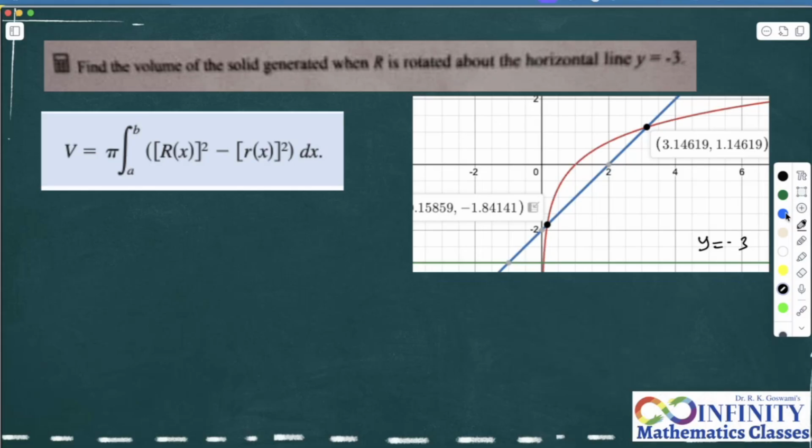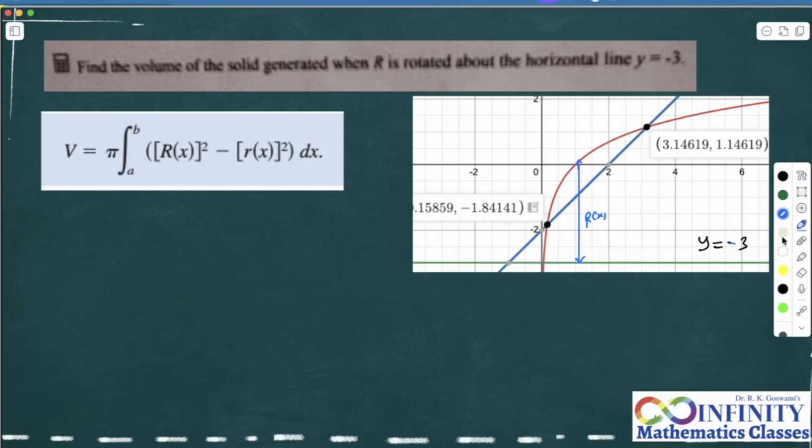So what is capital Rx, small rx? You need to measure this radius. This is going to be capital Rx. Small rx means the length from this horizontal line y equals minus 3 to the straight line. They should be very close, but because it is just a graph, I'm just taking the liberty to draw it like this.